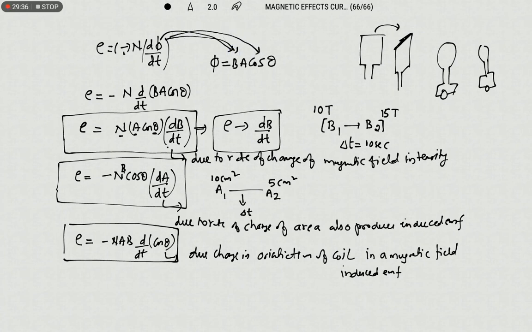So this is the in-detail study of Faraday's electromagnetic induction and the phenomena. The current produced in the coil by changing the magnetic flux linked with it is known as induced current, and the corresponding potential difference is called induced potential difference, or induced EMF. This phenomenon is known as electromagnetic induction.